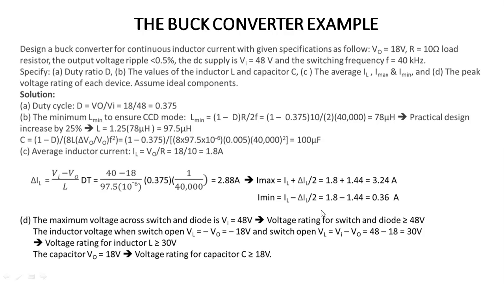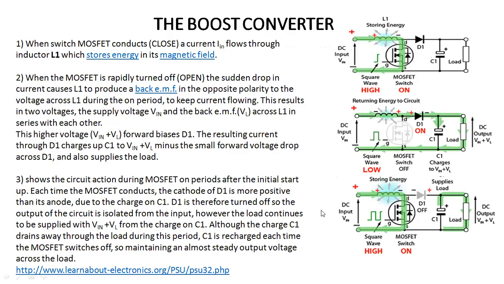Now we can see about the boost converter. What we are saying, if we are using the converter, we are using the DC to DC voltage regulator, and we will get the output voltage that will be in increased amount with respect to the input voltage. At that time we are saying that voltage regulator is a boost converter.